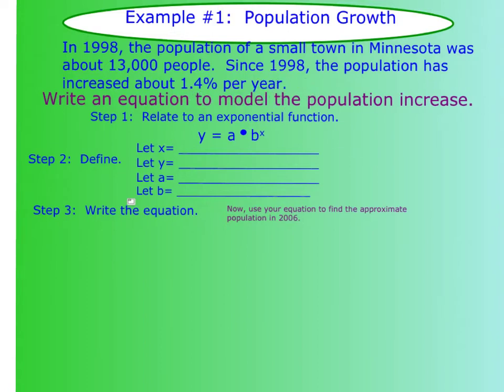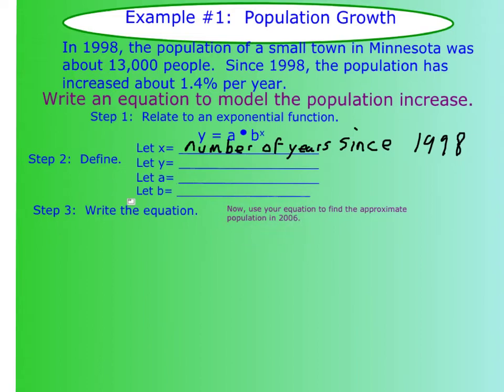So they multiply it by 1.4% each year and add it back in. So relate this to an exponential function. We need to figure out what all our variables are going to be. We will start with x. X is the number of times we're going to do this, and so it'll represent the number of years since 1998.